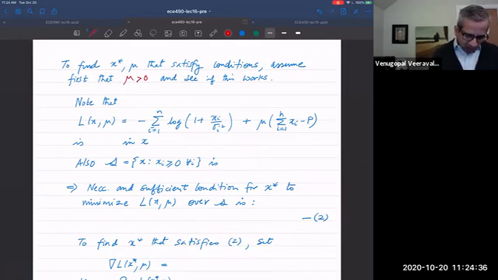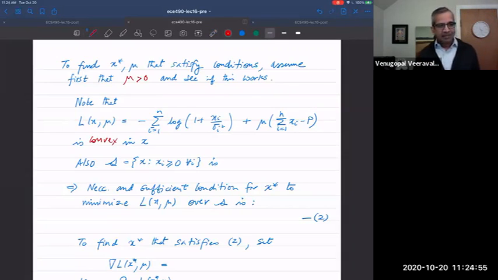If you look at this function, this is negative log. Negative log is convex, and this is linear in the x's, which is also convex. So this function is convex in x. If you want to break it down into steps, each of the terms in the summation is convex, and when you sum up convex functions, you get a convex function.